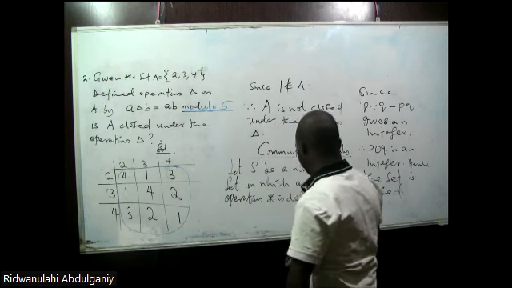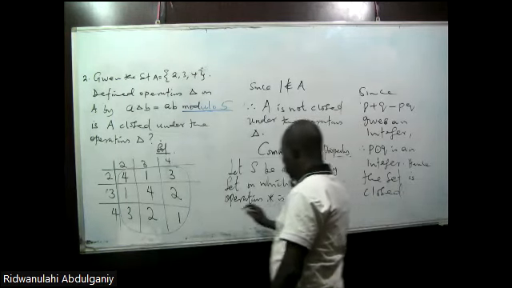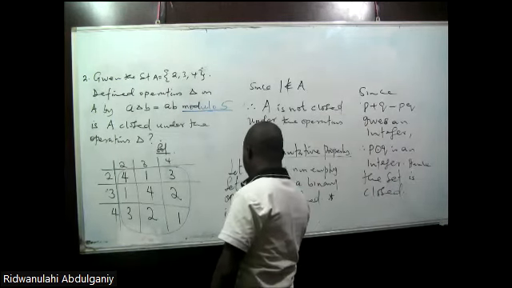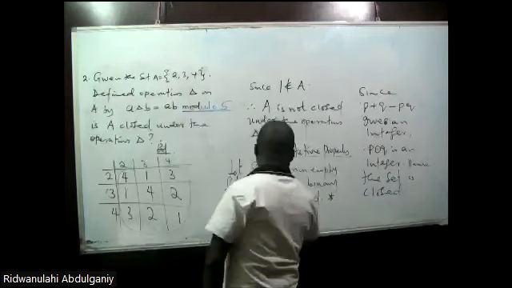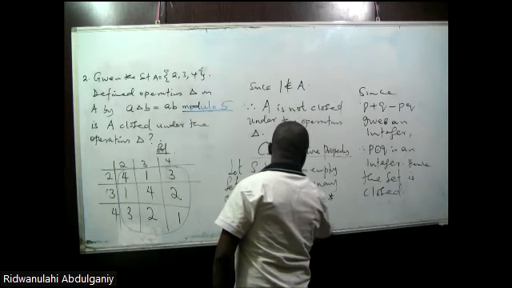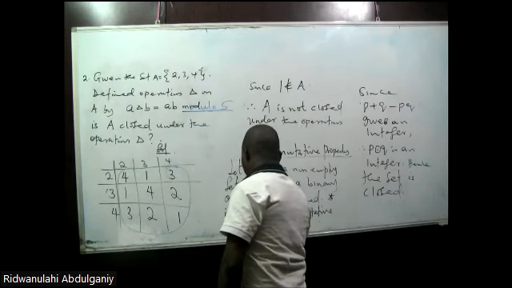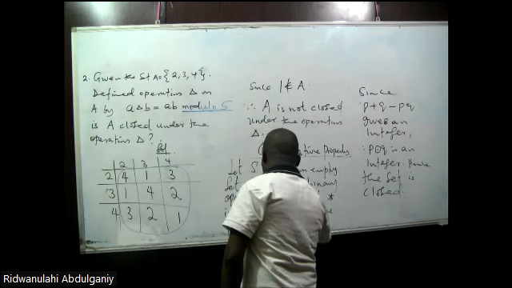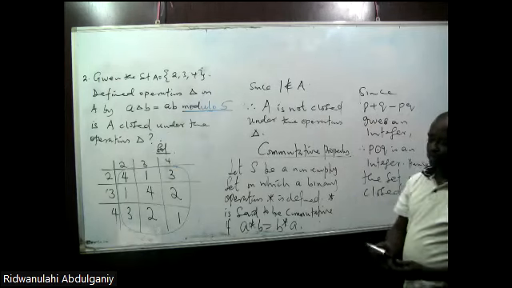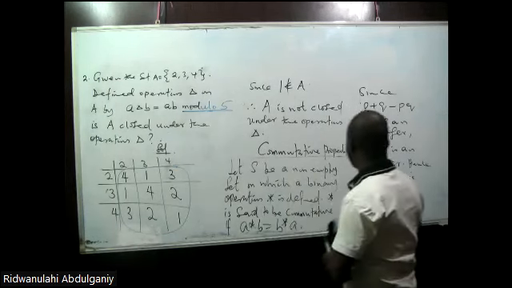Star is said to be commutative if A operation B is the same as B operation A.